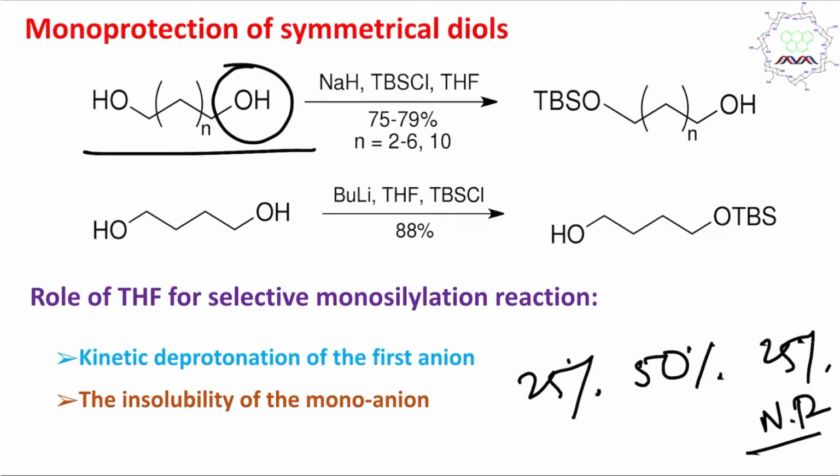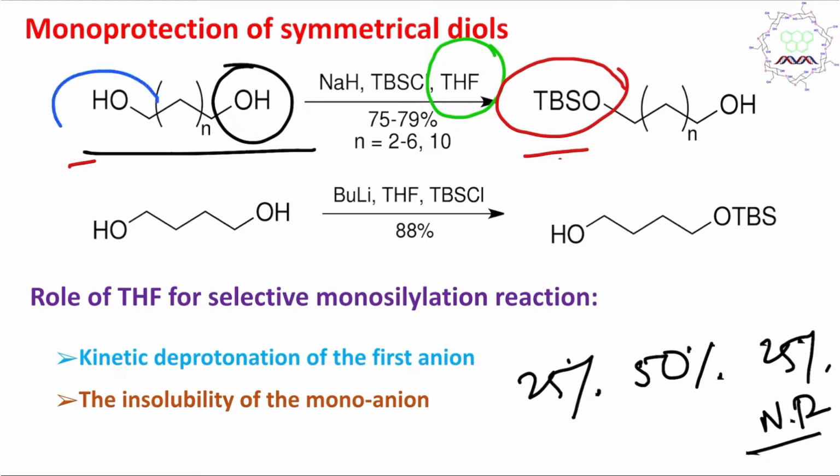But this could be achieved using a single modification, that is, the reuse of the reagent or solvent. You can consider here THF, or tetrahydrofuran, and using this tetrahydrofuran, selective silylation of one particular hydroxyl group is possible. And student, please don't get confused, both these hydroxyl groups are in the same steric environment, or they are associated with a similar kind of bulkiness.